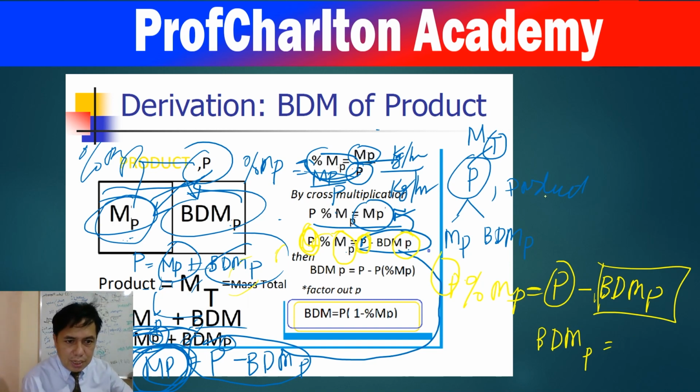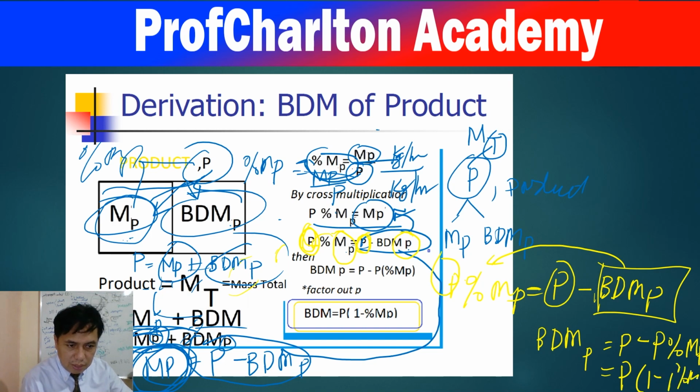So BDMP, if we put that on the other side, we will be left with P, and then here, this whole thing, P minus P percent MP. And it's pretty obvious that the common is P. So we take out the common, 1 minus percent MP.